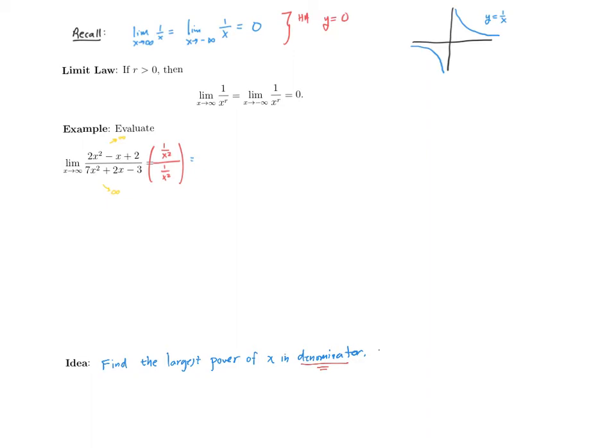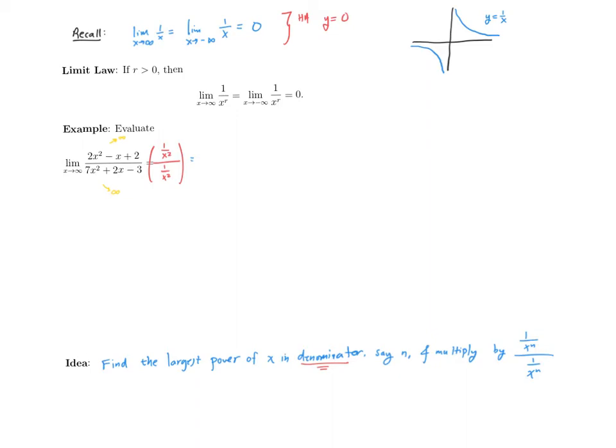Let's say that power is n. In our example above it was 2. And what we do with that n is we use it to multiply by 1 in a, I'll say fancy, or maybe you'd say a not so fancy way. And we multiply by 1 in the form 1 over x to the n divided by 1 over x to the n. So let's see why this is so useful.